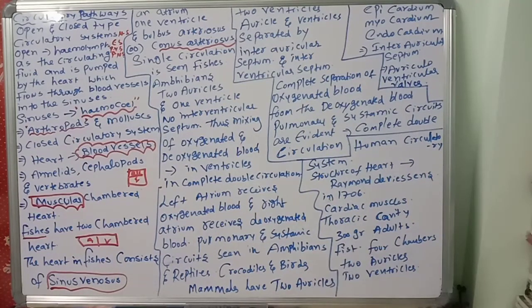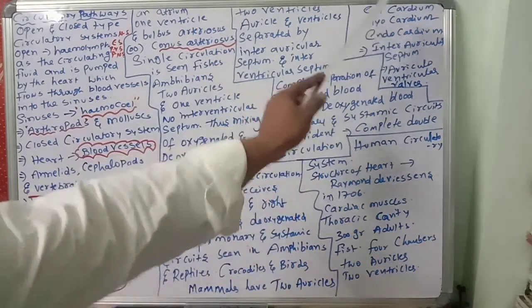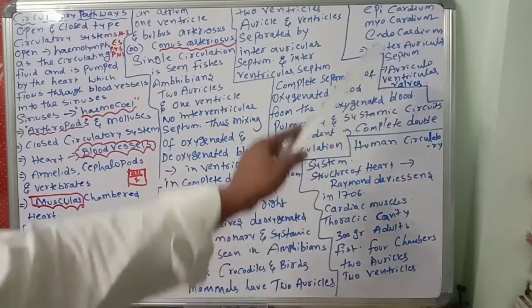There are four chambers of the heart. How many chambers? There will be four chambers: two auricles and two ventricles. The heart is covered by three layers. What are the three layers? Epicardium, myocardium and endocardium.